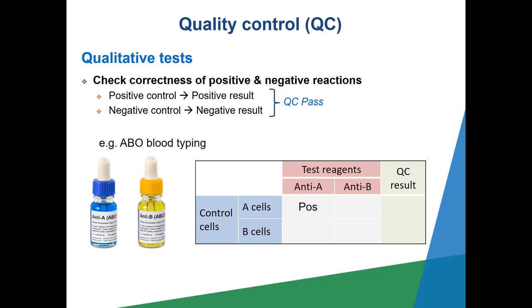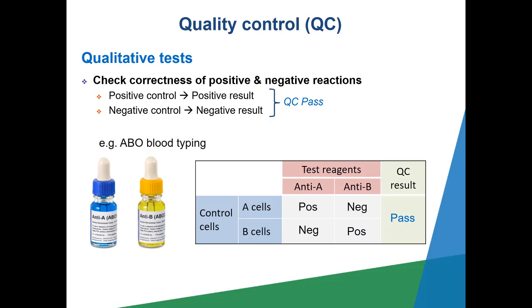It should give you a positive result, while anti-B should not react with the A cells. In contrast, anti-A should not react with B cells, and anti-B will have a positive result with B cells. If we can get all these results, the QC passes.